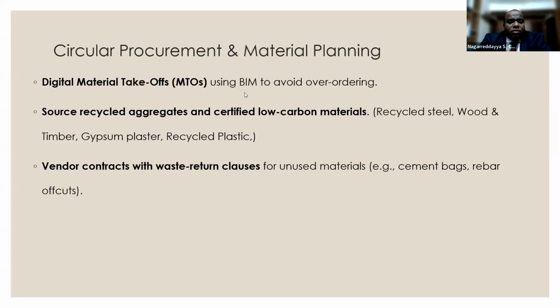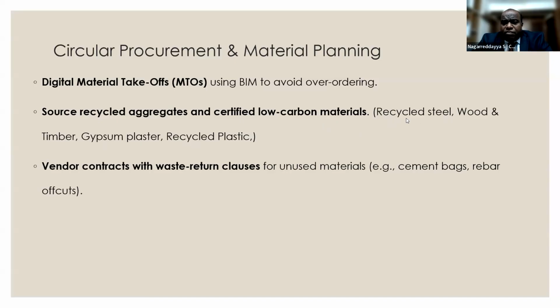So circular procurement: we can use building information modeling software for extracting exact quantities of material, and we can source recycled aggregates. Nowadays we have construction and demolition waste recycling plants. So we can look for recycled aggregates and certified low carbon materials like gypsum plaster, which is a natural material we can use instead of normal cementitious plaster, and recycled steel.